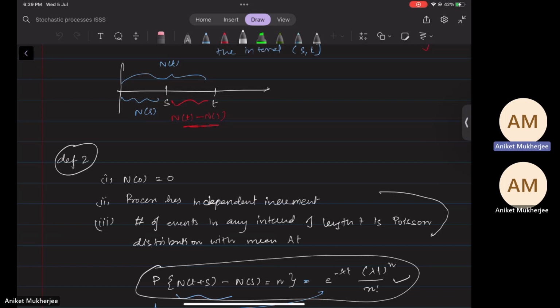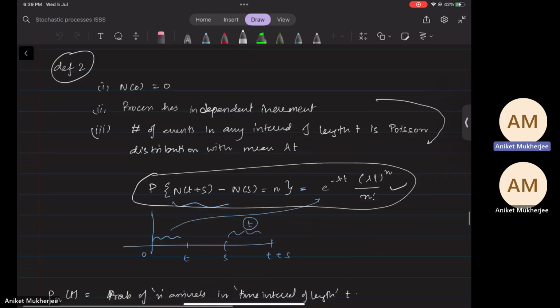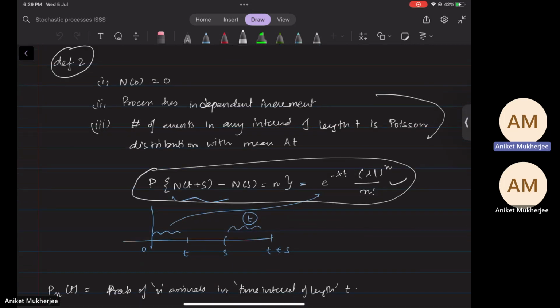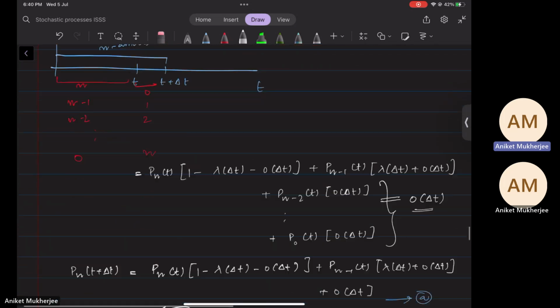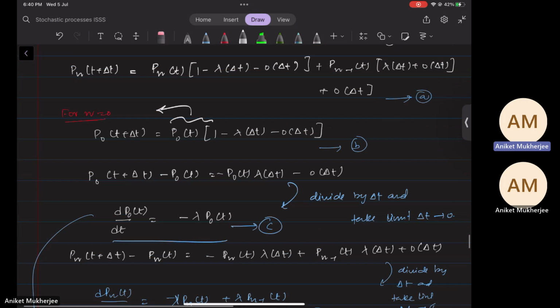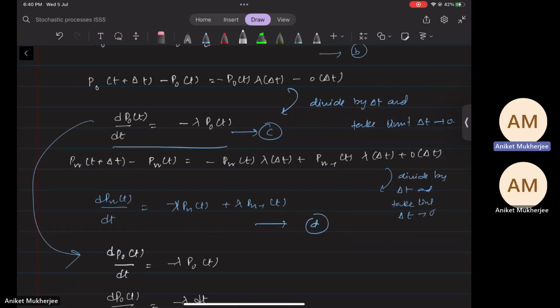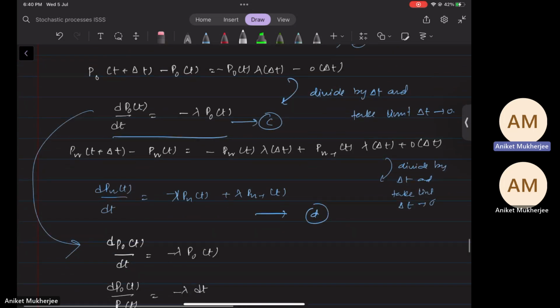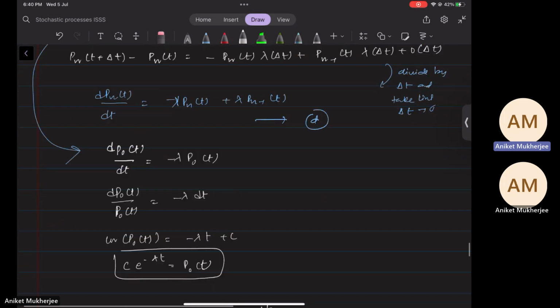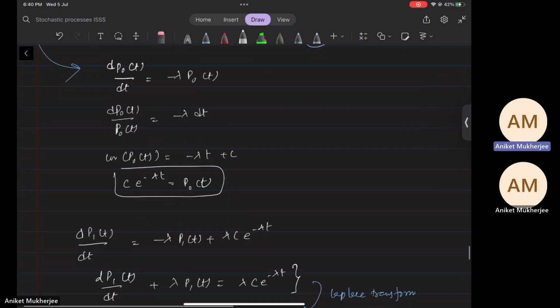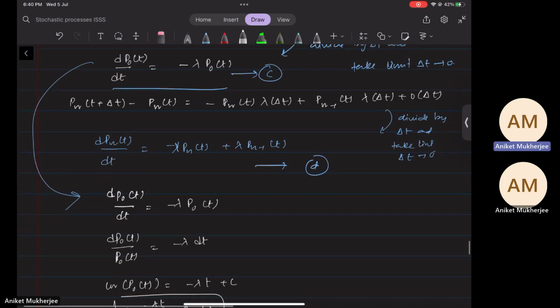We showed that the probability that n events happen in this interval is Poisson distributed by this. To show that, we formed a recursive equation, and from that recursive equation we got an ODE. And now from this ODE here, we integrated it.